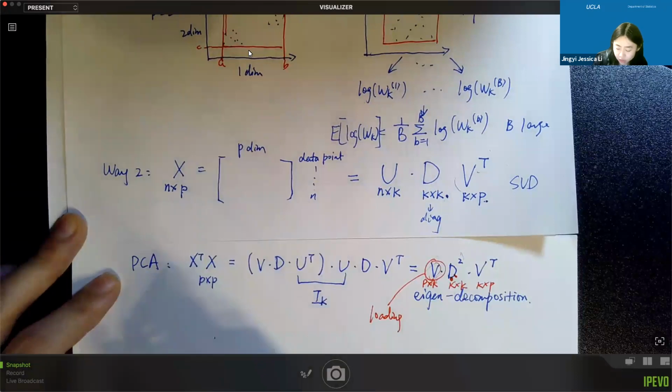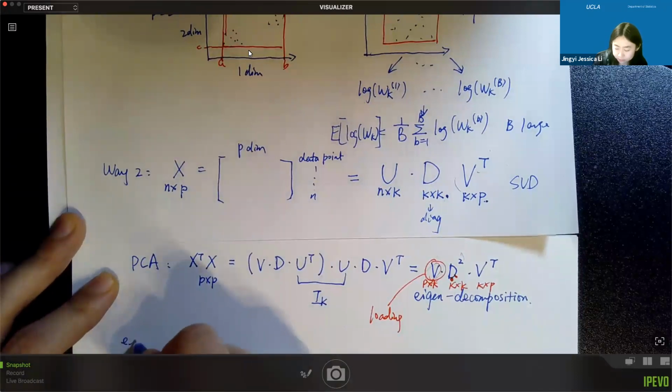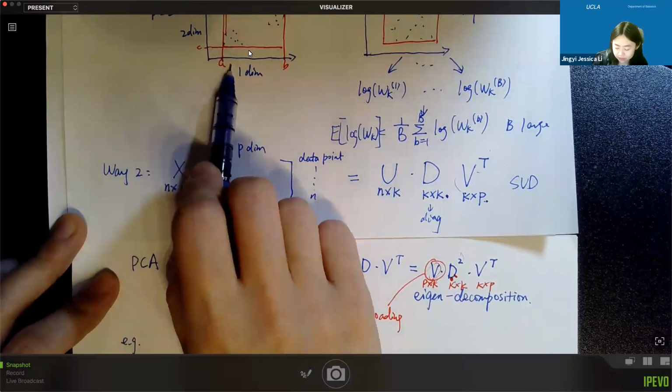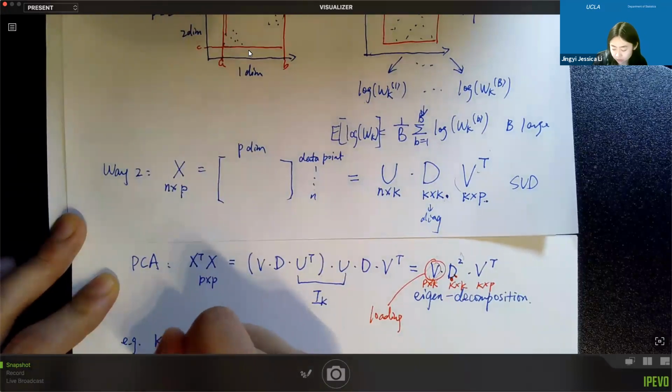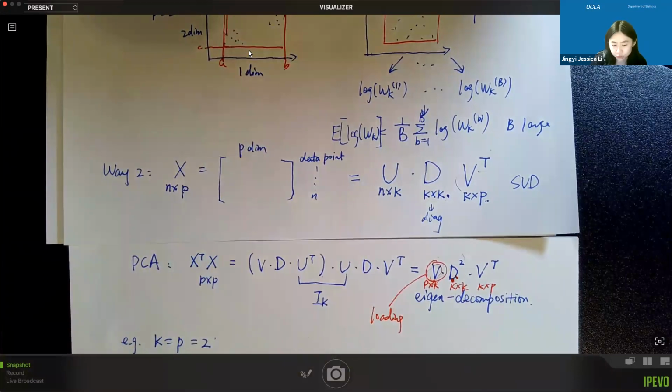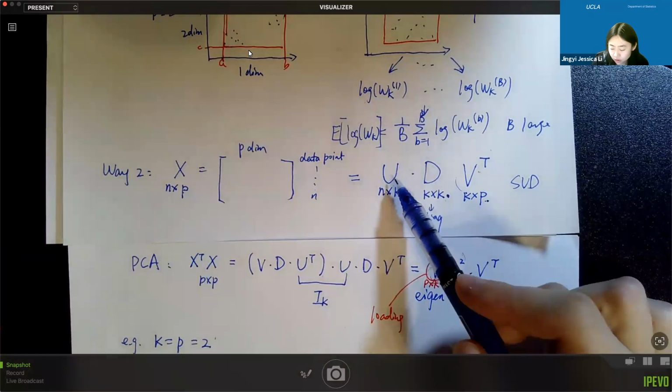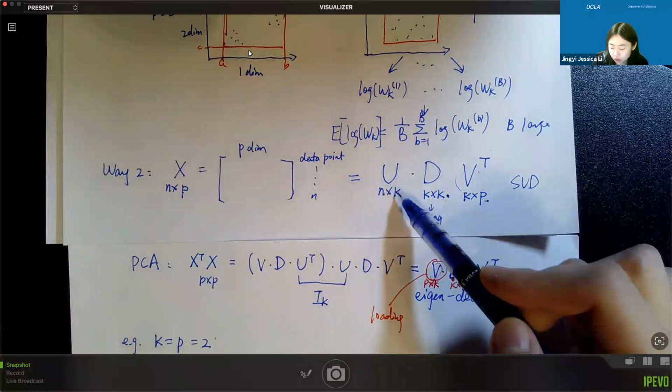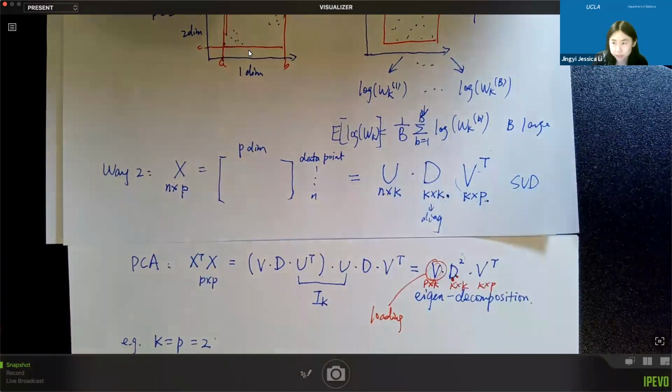Let's revisit this example by setting K equals P equals 2. So we're not doing any dimension reduction. We just do some rotation. In that case, this U will correspond to two columns, and we can call them PC1 and PC2.